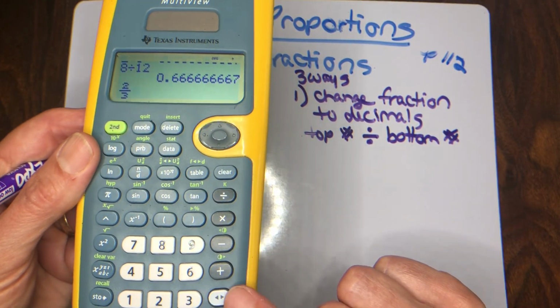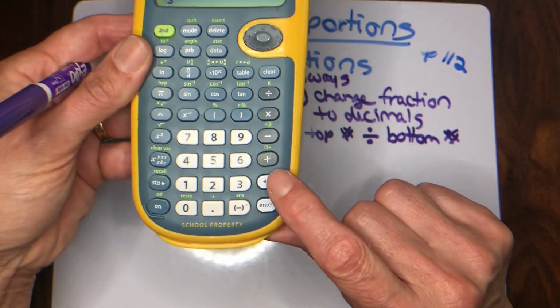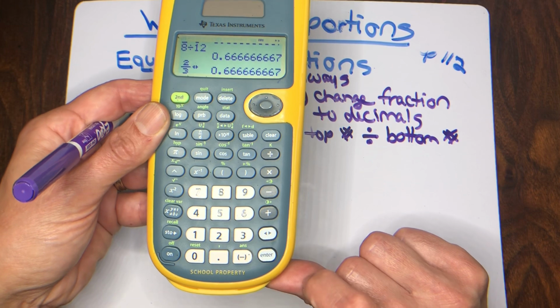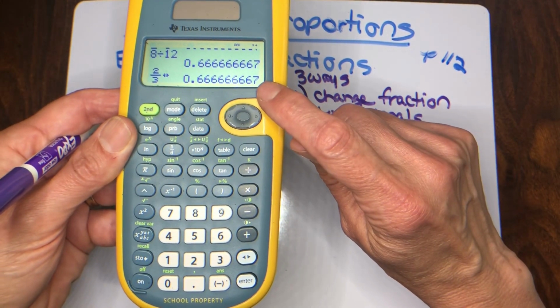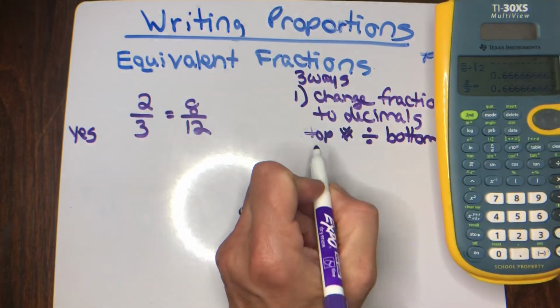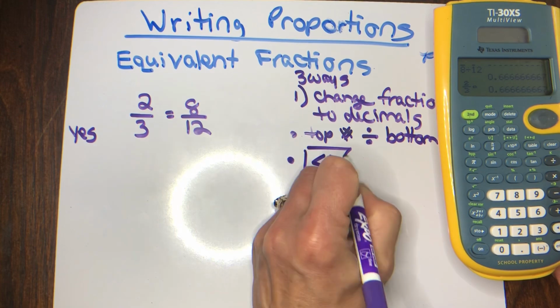Now hit what I call the double arrow button. I don't know if that's the actual name for it. You see it there on your screen. Hit enter, and doop, it changes to a decimal. So it's another way to change to a decimal, with your double arrow button.